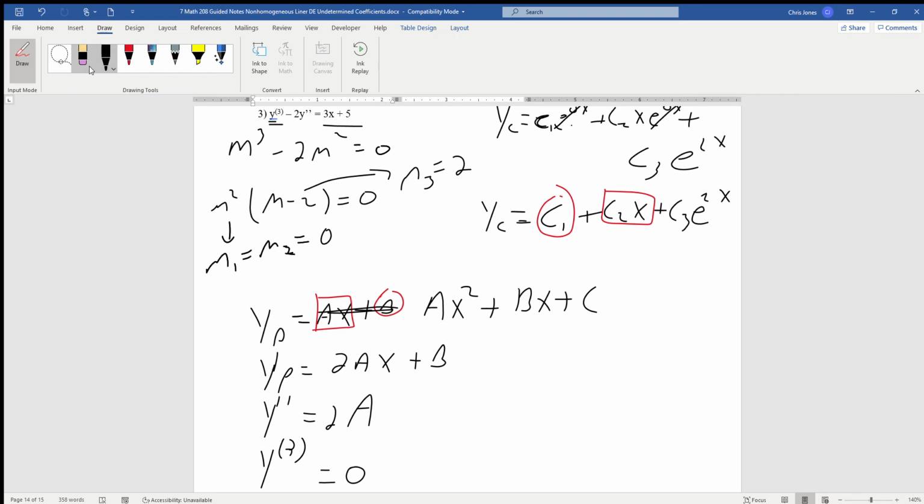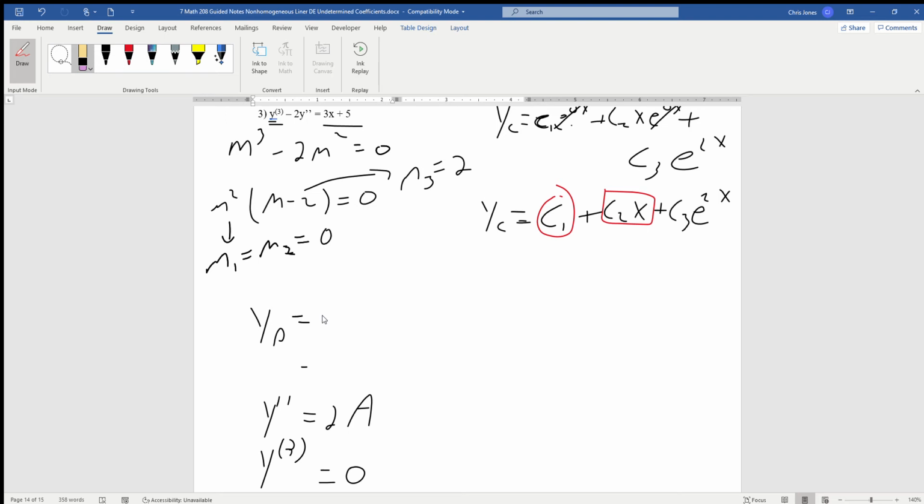Let me erase all this. We're going to change the particular solution one last time to ax cubed plus bx squared plus cx plus d.